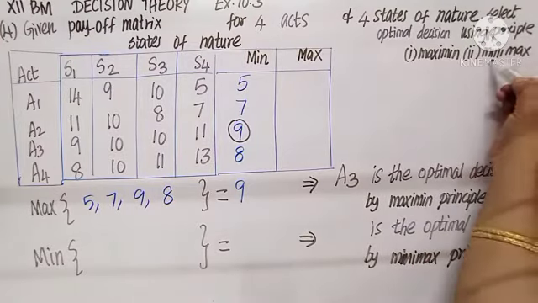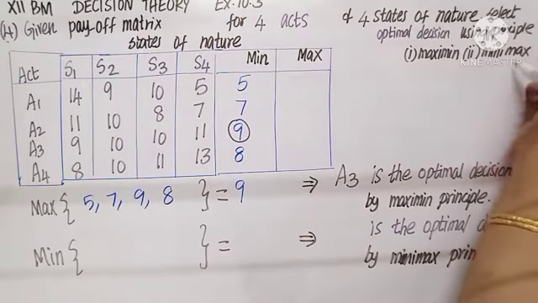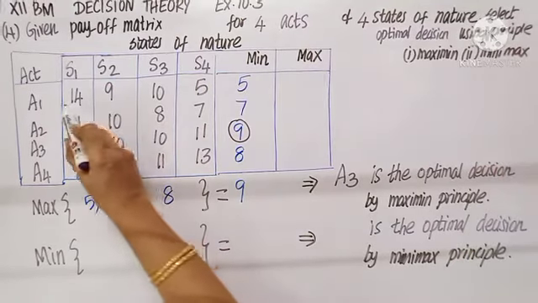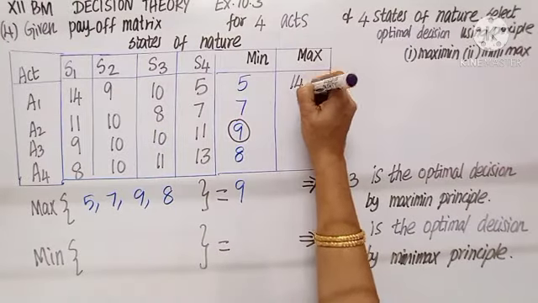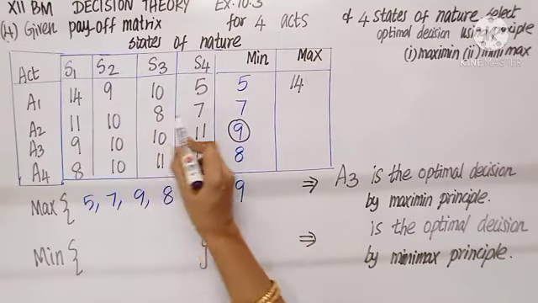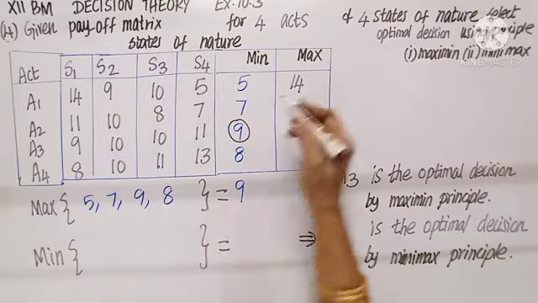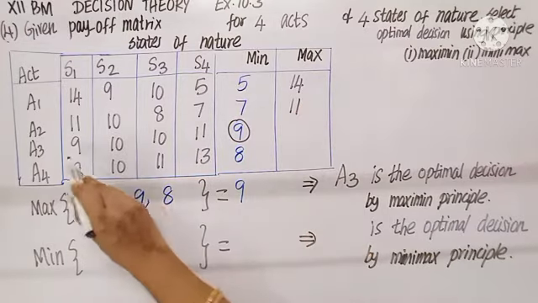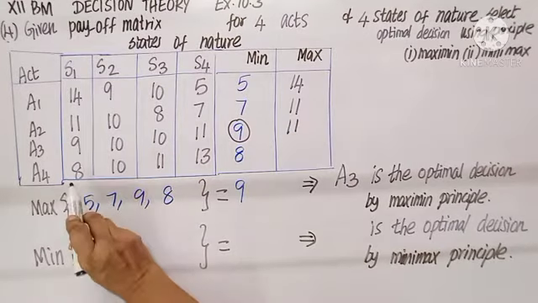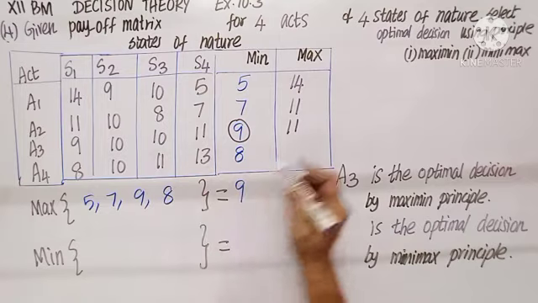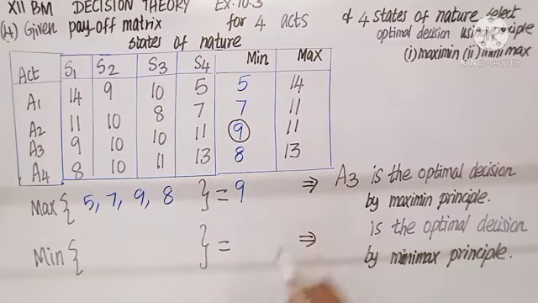The second one, minimax. Choose the maximum. 14, 9, 10, 5. Maximum is 14. 11, 10, 8, 7. Maximum is 11. 9, 10, 10, 11. Maximum is 11. 8, 10, 11, 13. Maximum is 13. Out of all, choose the minimum.